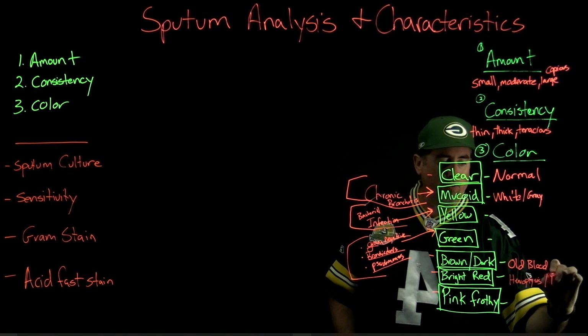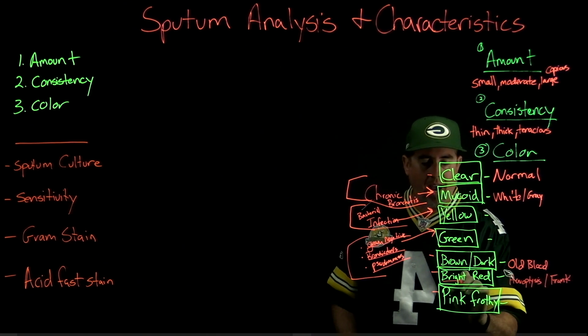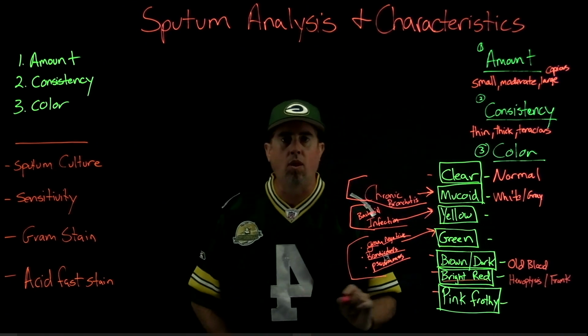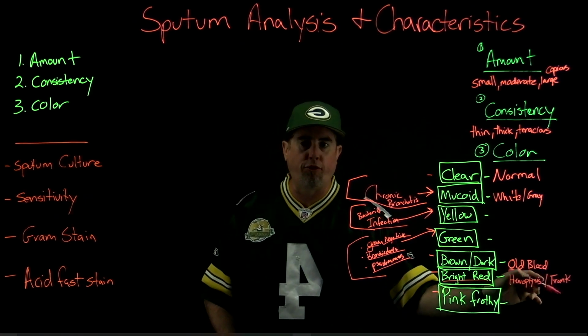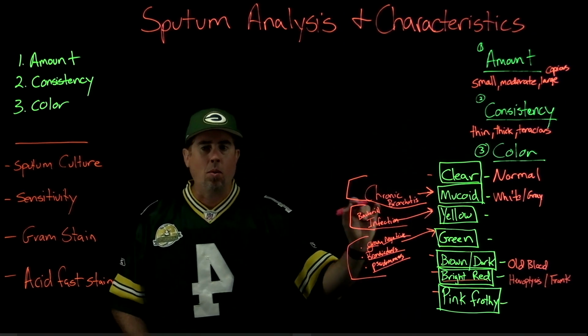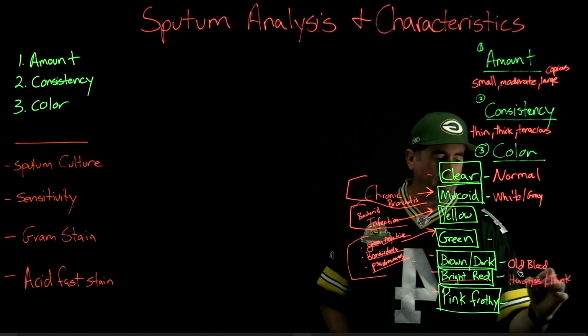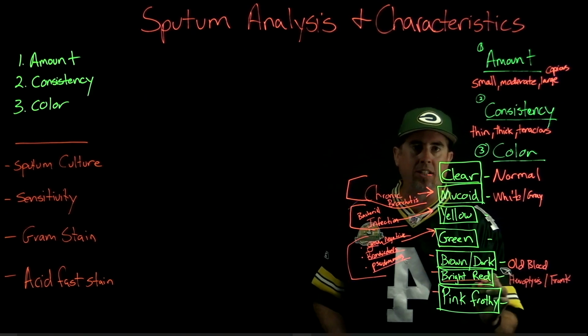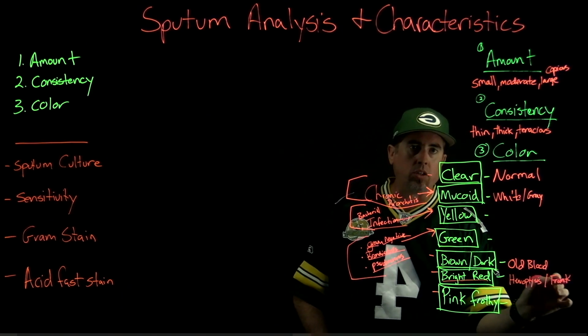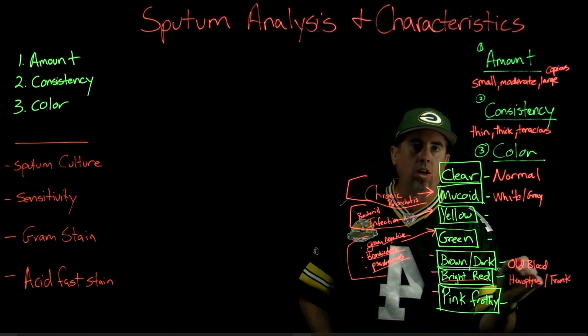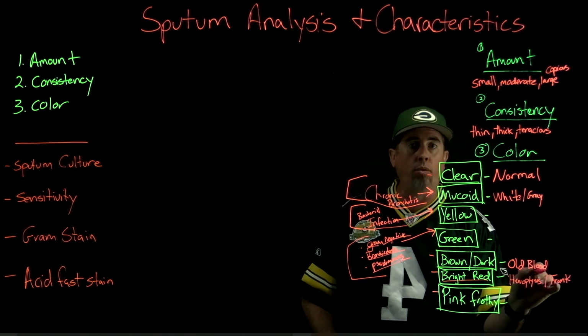This is also frank. You'll see frank, like the name. That's bright red, guys. Bright red, hemoptysis or frank. Okay, active bleed. Active bleeding, guys. It's not old, it's new because it's bright. Dark or brown, it's old blood.